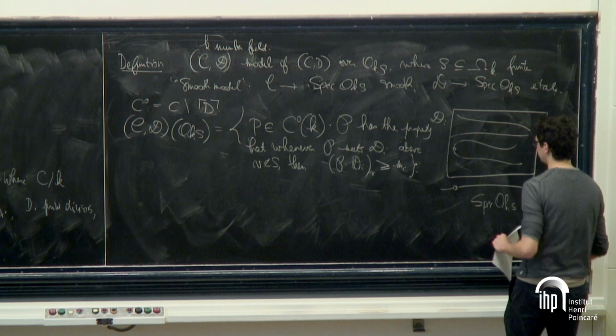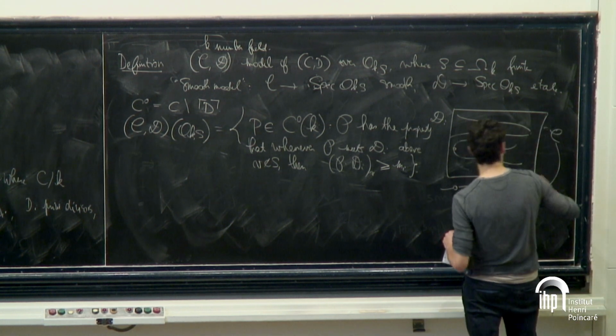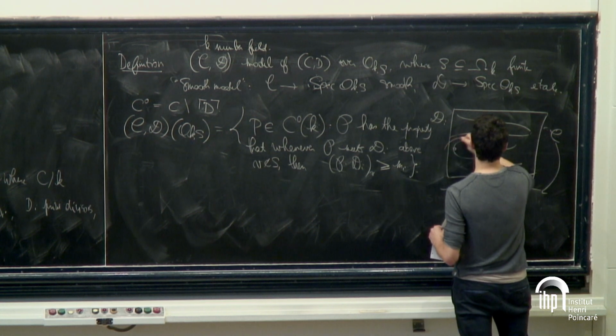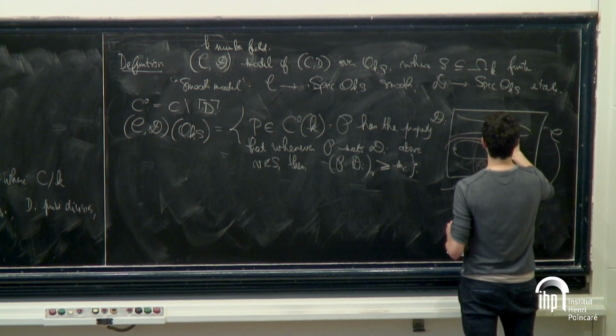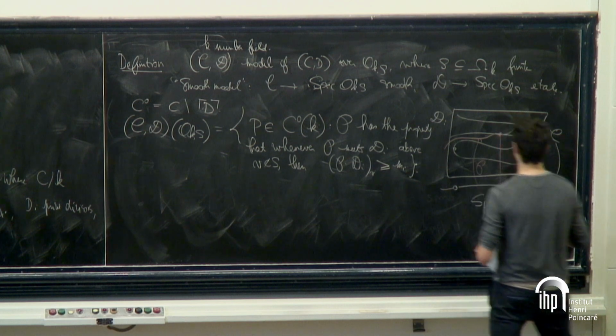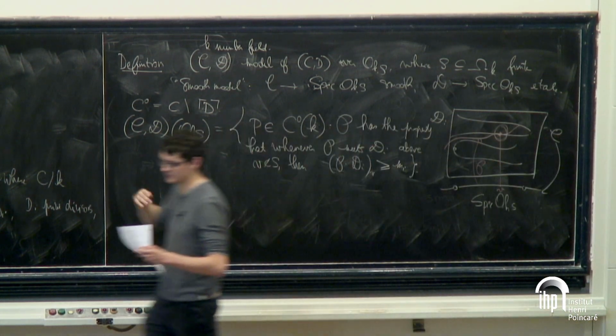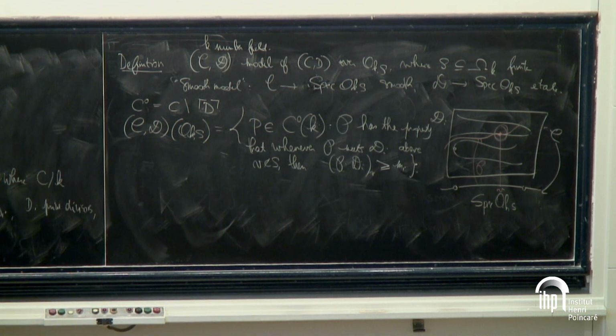So you should think of this as follows: I have some section, curly P, and whenever it intersects above some place v not in S, then I want the local intersection multiplicity to be at least this number m_i. It could be anything.